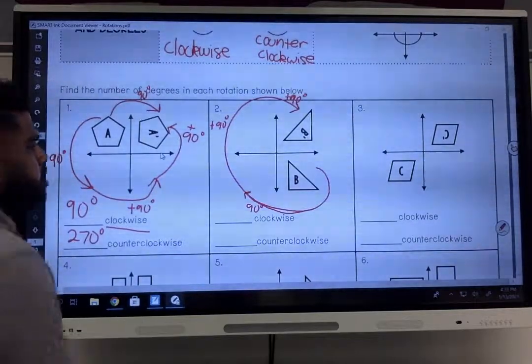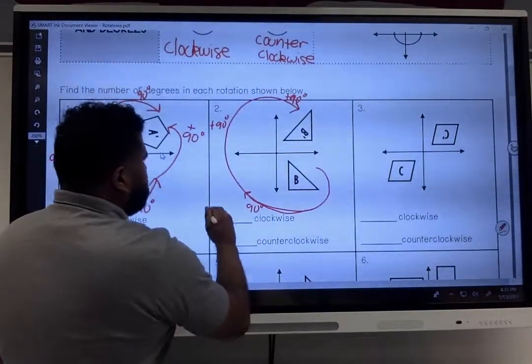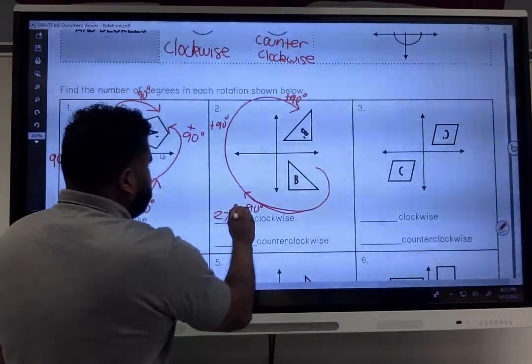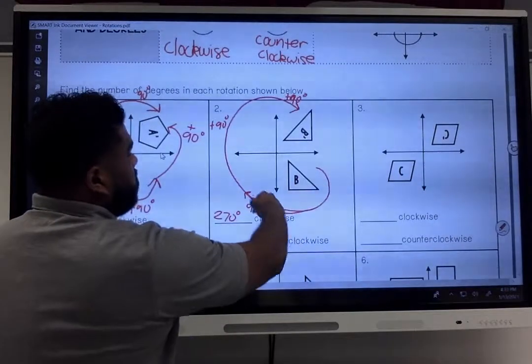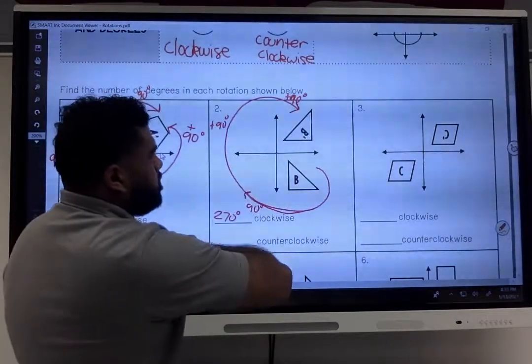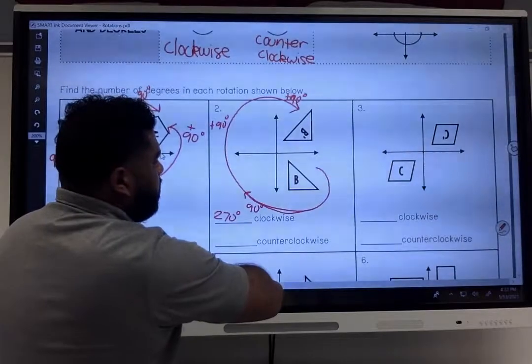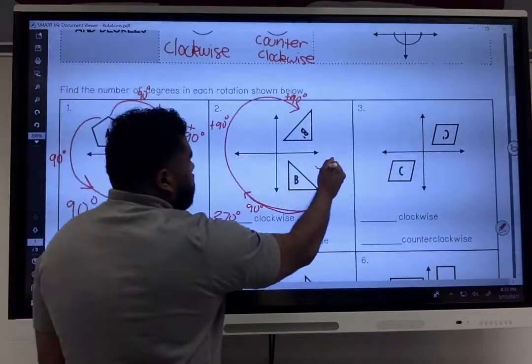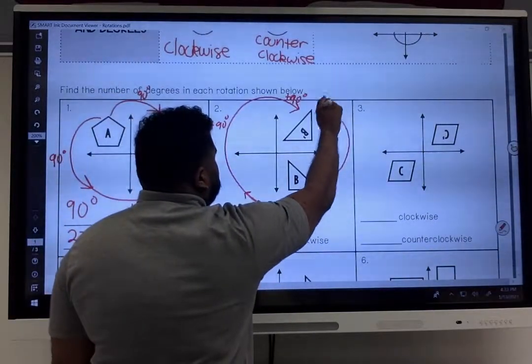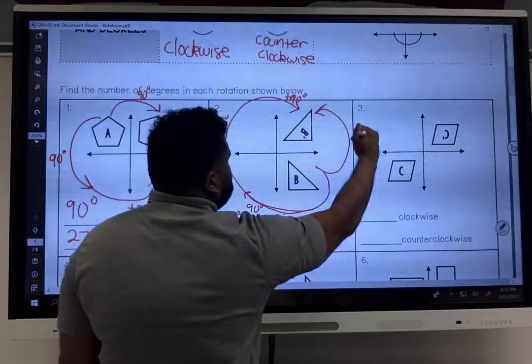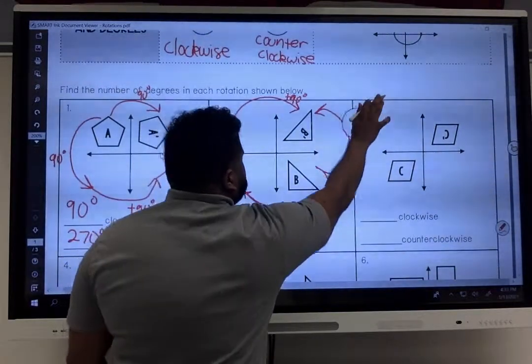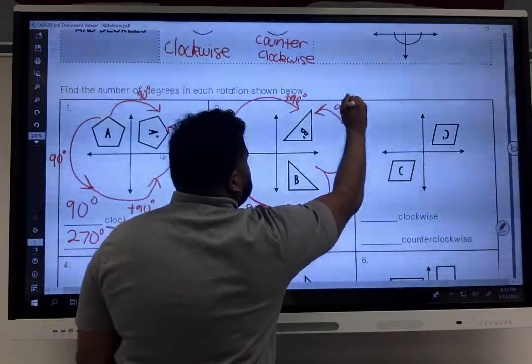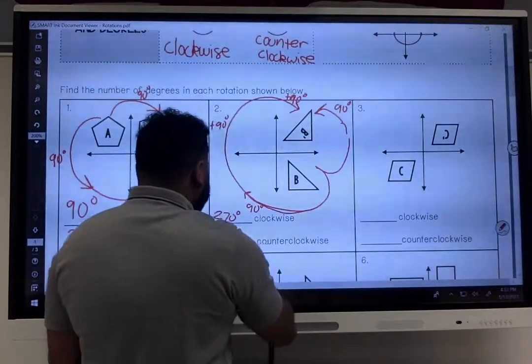So 90 plus 90 plus 90 is going to get you 270 degrees. So we rotated 270 degrees clockwise to get to where it is right there. And then the other way would be counterclockwise, right here. And we only rotated once, and we know that each rotation is 90 degrees.